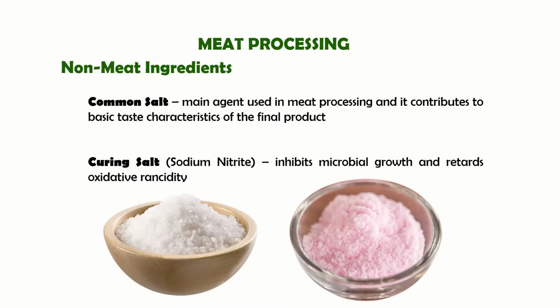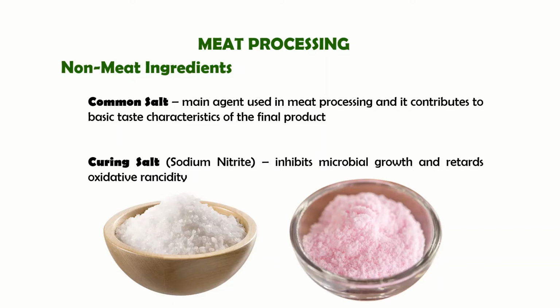Along with meat and animal fat, a wide range of substances of non-meat origin are used as ingredients in processed meat products. Okay, so we will be discussing the common non-meat ingredients that we will be using in our meat processing.